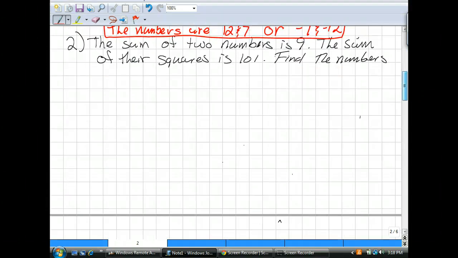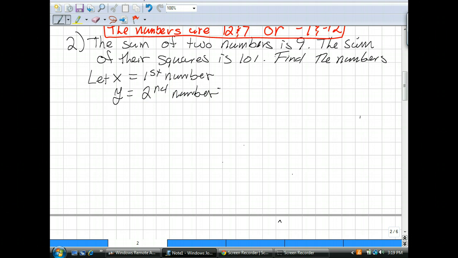All right, example 2. The sum of two numbers is 9. If the sum of their squares is 101, find the numbers. Well, again, let's define our variables. Let x equal the first number and y equal the second number.